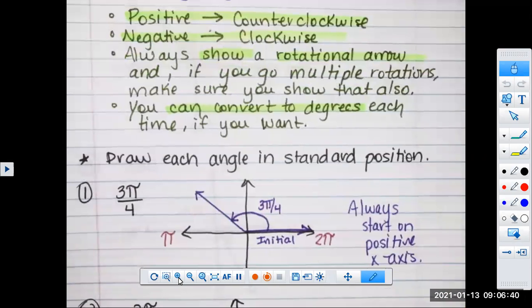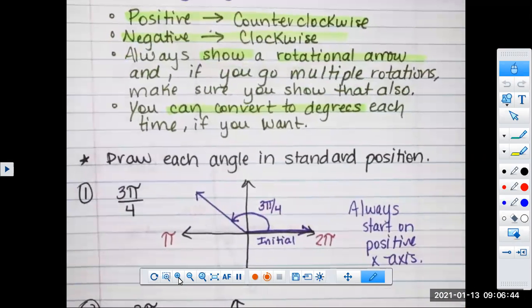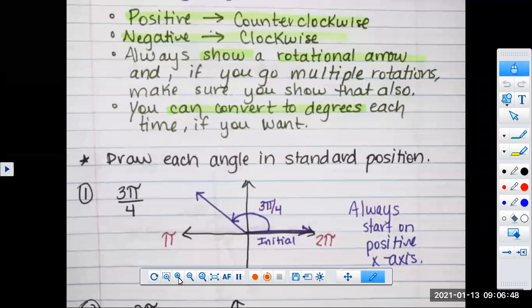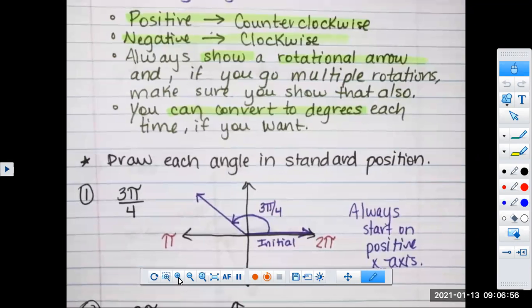In these problems, they ask you to draw each angle in standard position, which simply means your starting side is on the positive x-axis. You'll rotate to wherever your angle is at, or an approximate position. Draw your terminal side.